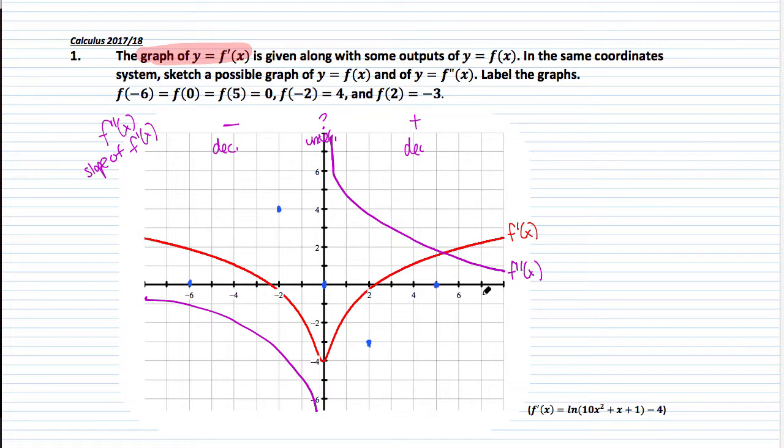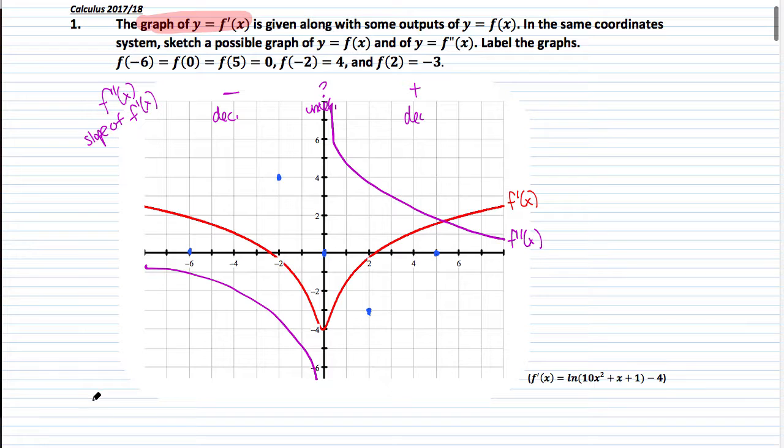Now I'm going to go into my blue function and look at every piece of information that I can get from the slope and from the second derivative. First I'll look at the slope of the actual function, so I look at the first derivative. At this location I have the first derivative equal to 0, so my slope is 0.